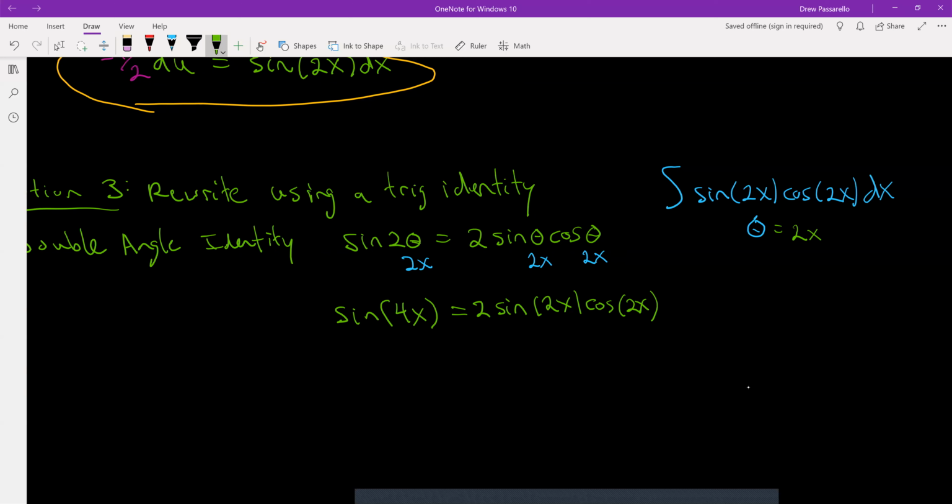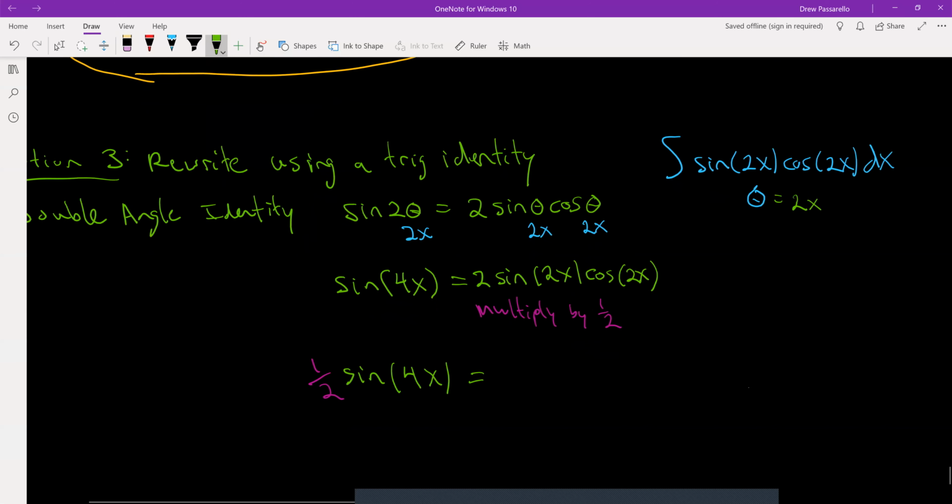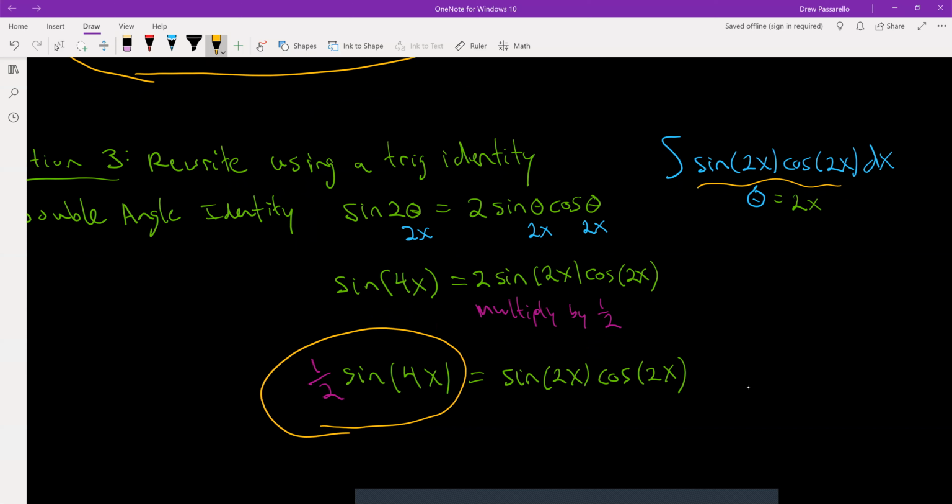So then I would have to bring the 2 over by dividing both sides by 2, or multiplying by a half. So then you have 1/2 sine of 4x equal to sine of 2x cosine of 2x. And then you could let this be in the spot of this whole thing.